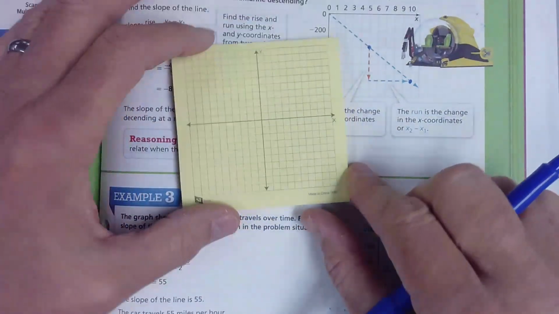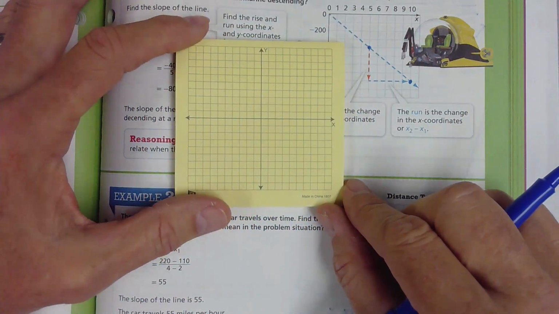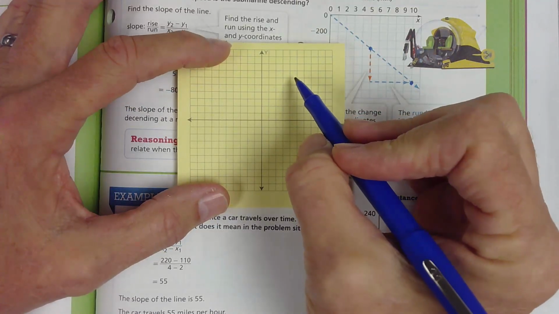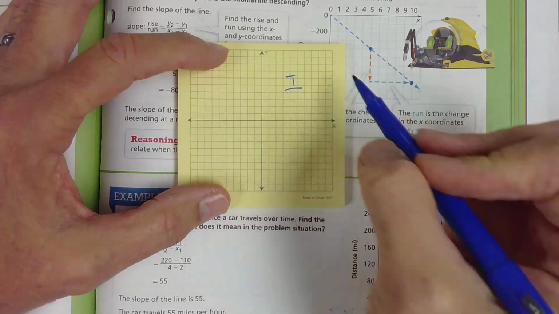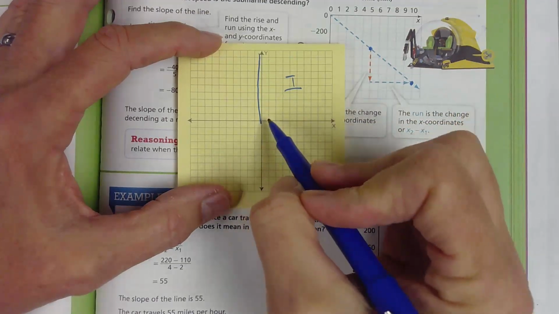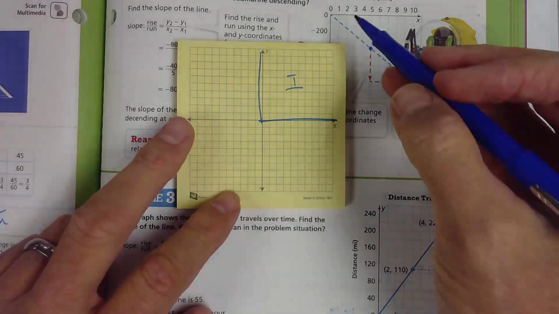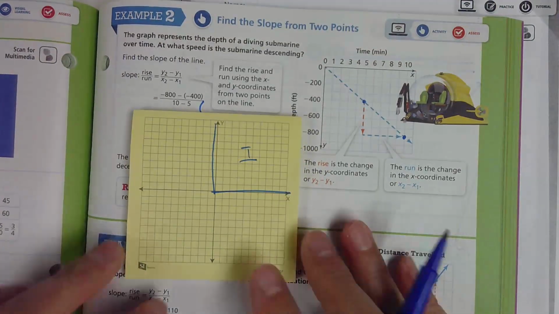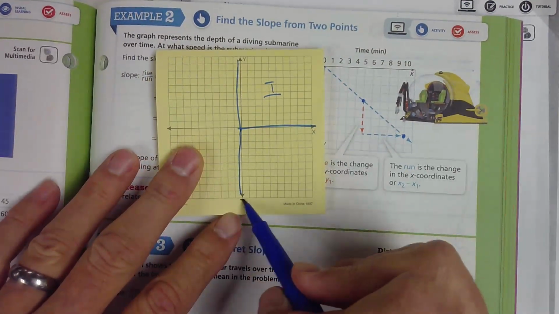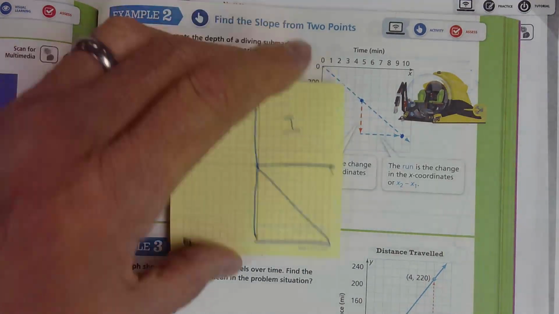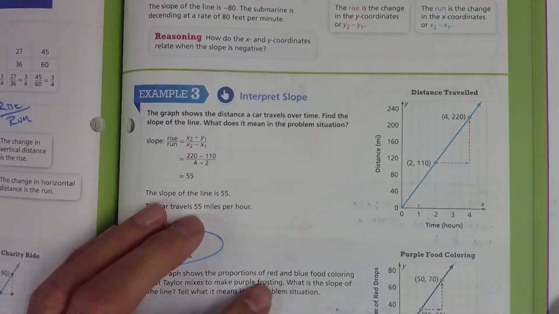So this is what a full graph looks like. And this is quadrant 1. Okay, and this is primarily what we're dealing with. But this graph here is this quadrant. So the line's going like that. All right? Okay, look at example 3.